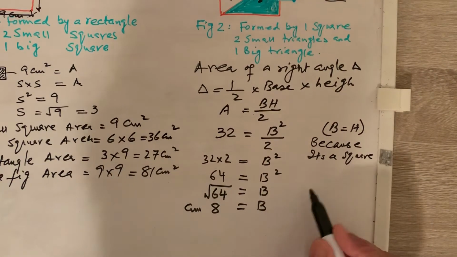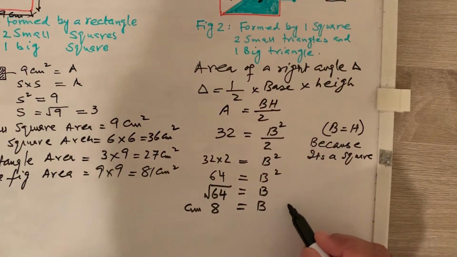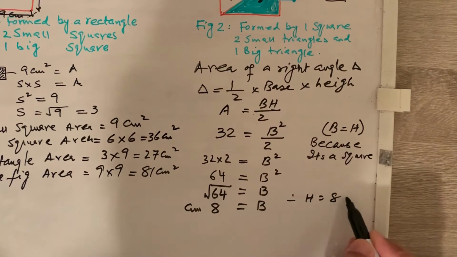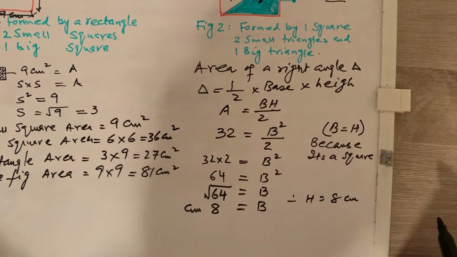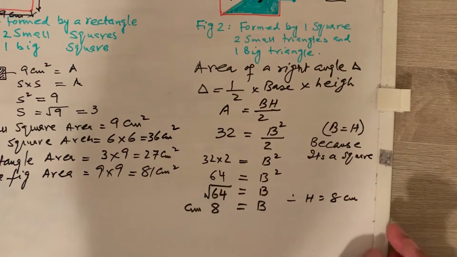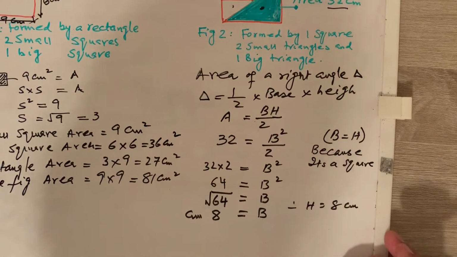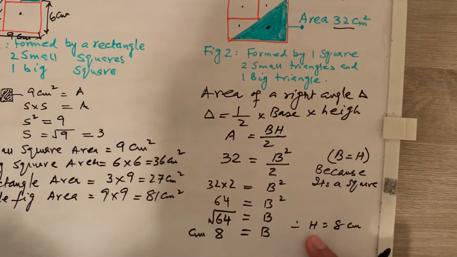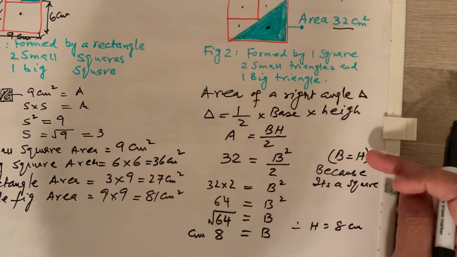And since B is equal to H, therefore H is also equal to 8 centimeters because it is a square.